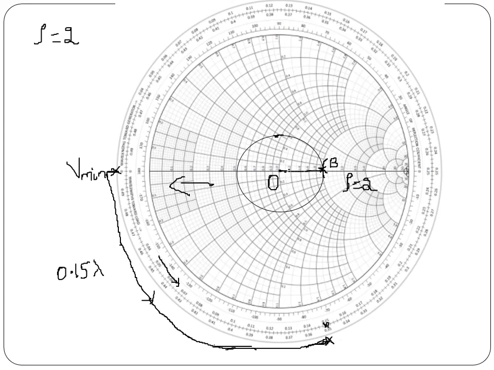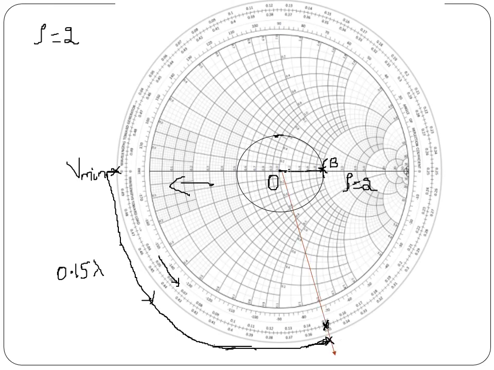Travel from the V minimum position towards the load for 0.15 lambda. Note down 0.15 on the second circle of the chart. Draw a line from the 0.15 lambda point to the center of the chart.